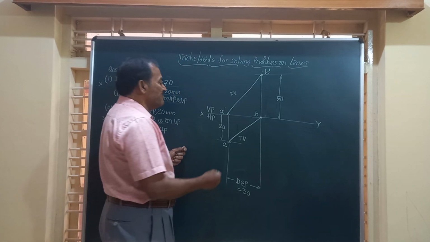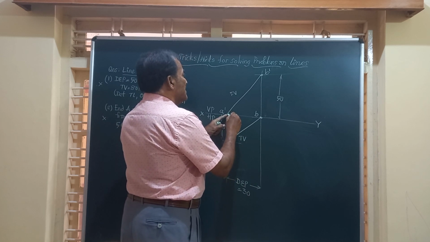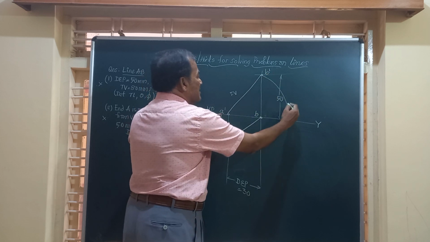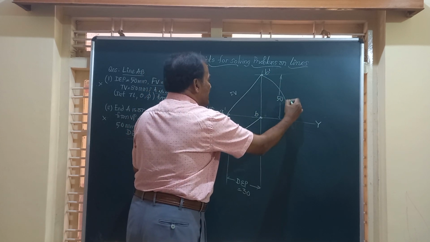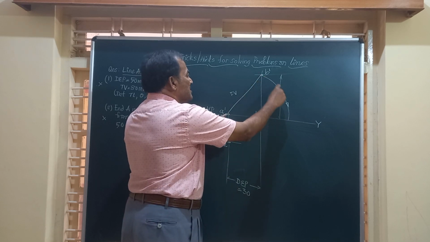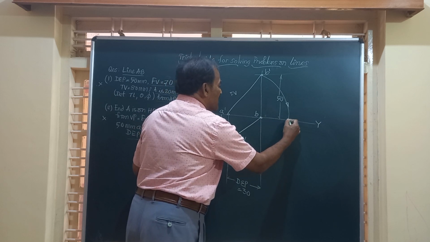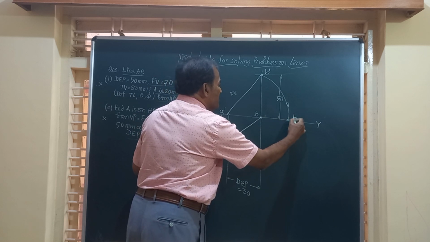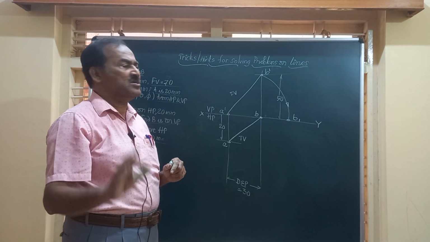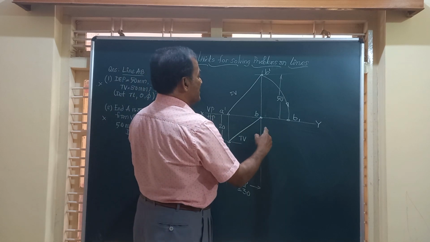So what is to be done, friend? Now I will take A dash as center, A dash B dash as radius, and draw an arc. So I am going to take center A dash, radius equal to front view length, and strike an arc to meet the locus of the end B at this point. That is going to be B1, because I have told you in all my previous videos online that B and B1 should lie on the same line.